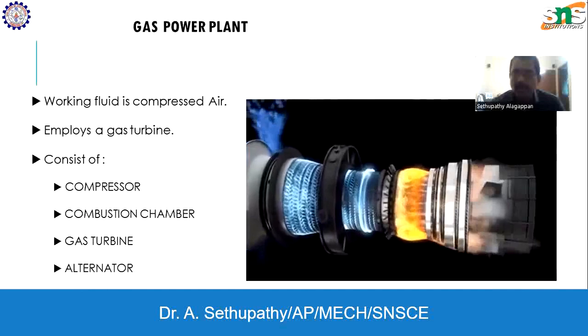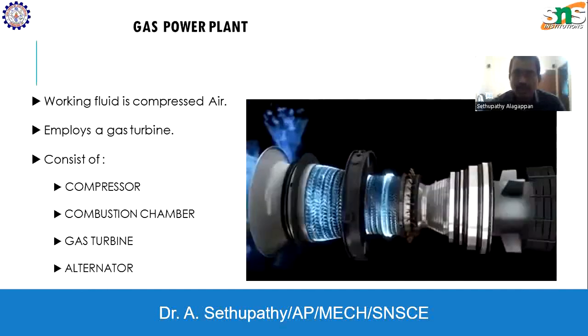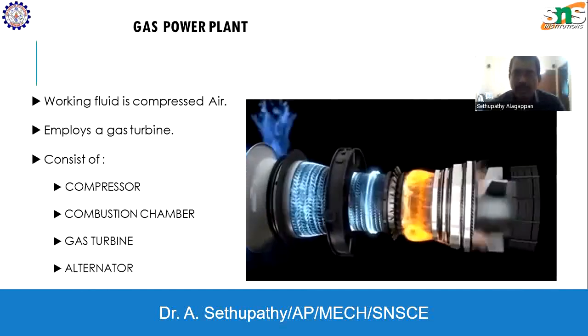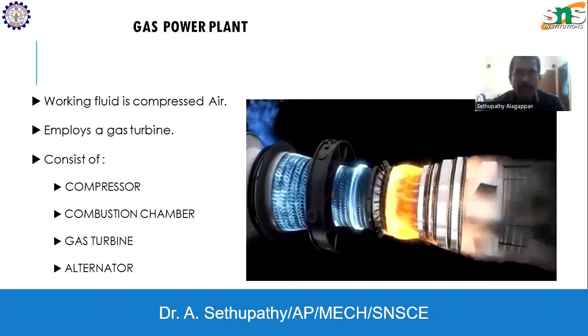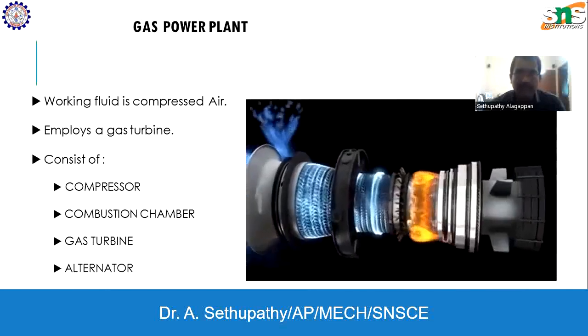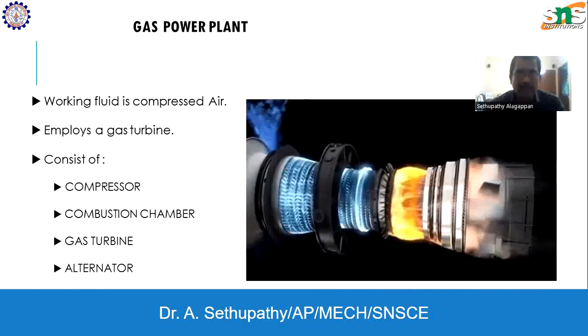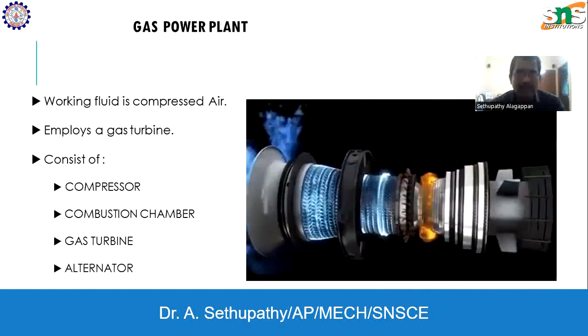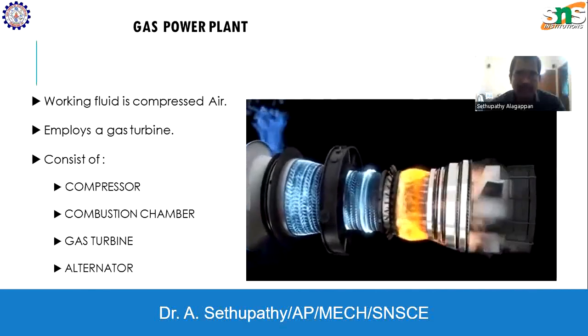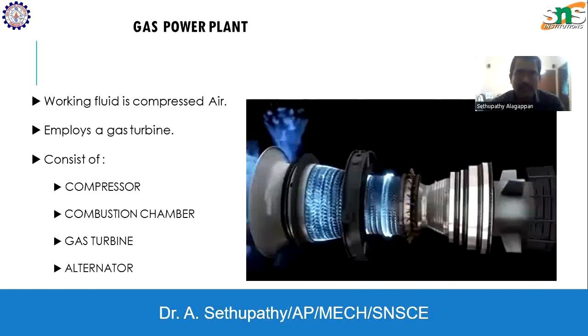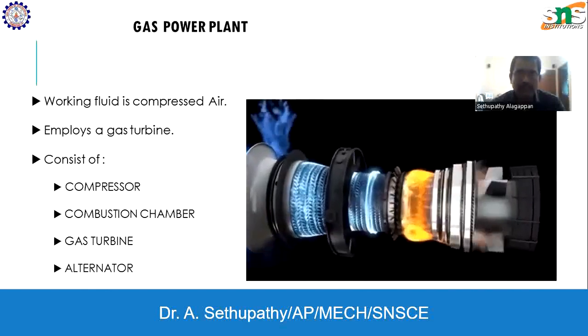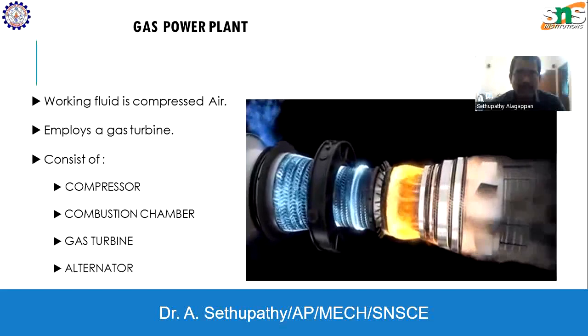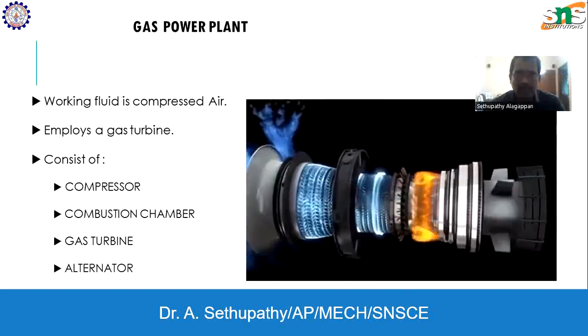The simulation shows how the gas power plant works. The working fluid is compressed air. It employs a gas turbine. The gas turbine consists of a compressor, combustion chamber, gas turbine, alternator and starting motor.